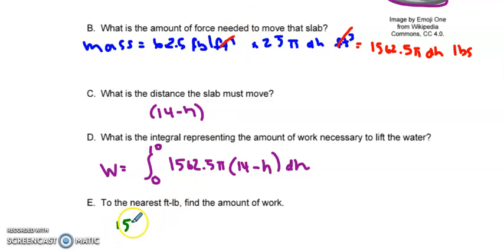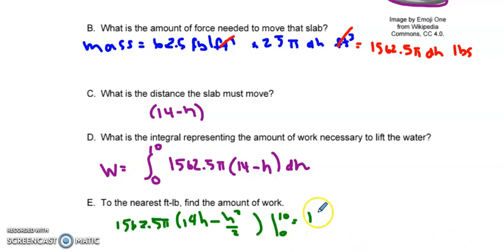You're going to have 1562.5 pi, and then 14 integrates to 14h. Confusing myself with my variables, so 14h minus h squared over 2, and from 0 to 10, which gives me 1562.5 pi, and then 10 times 14 is 140, 10 times 10 is 100, divided by 2 is 50.